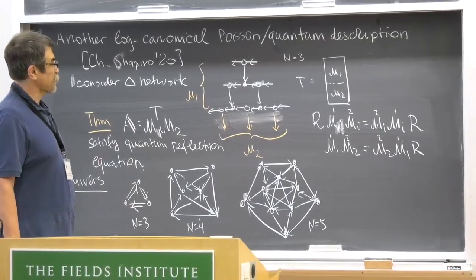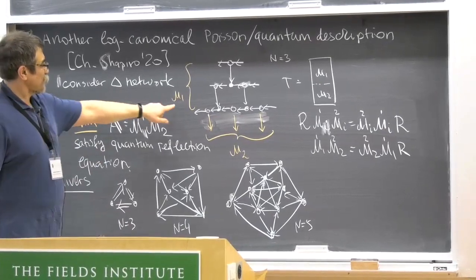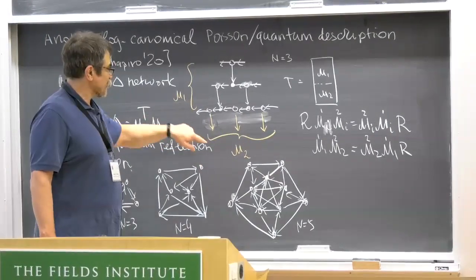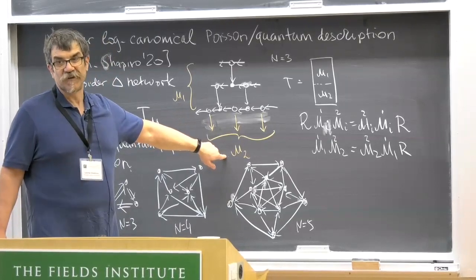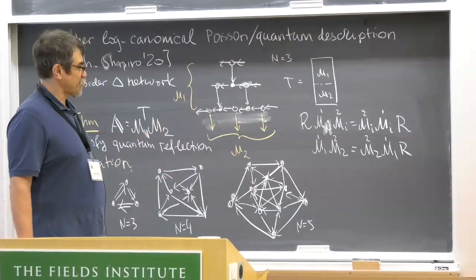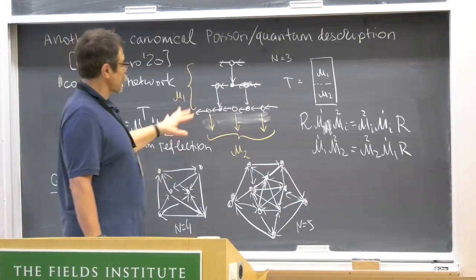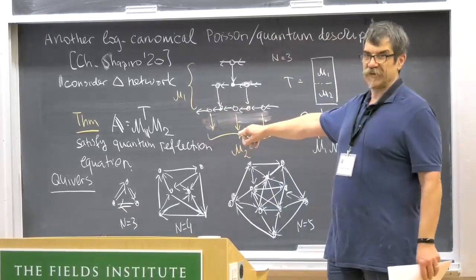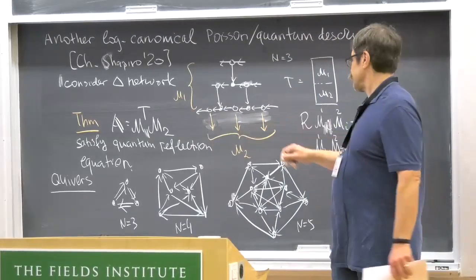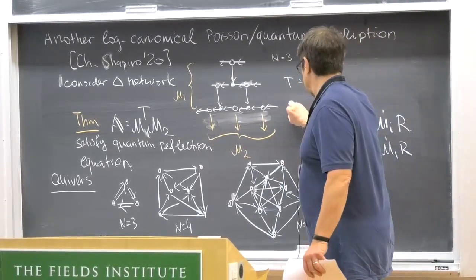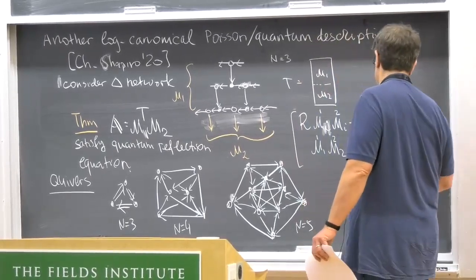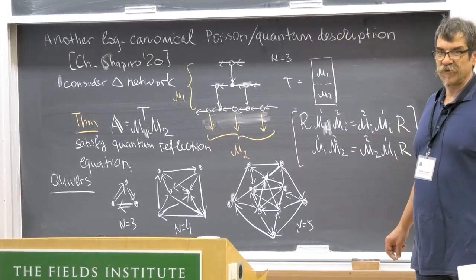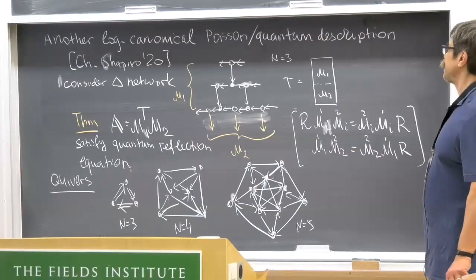That's why I wanted to keep this M1 and M2: if we just introduce the network with these elements M1 and M2 here, it's easy to observe that in the general case these matrices satisfy this set of quantum equations.